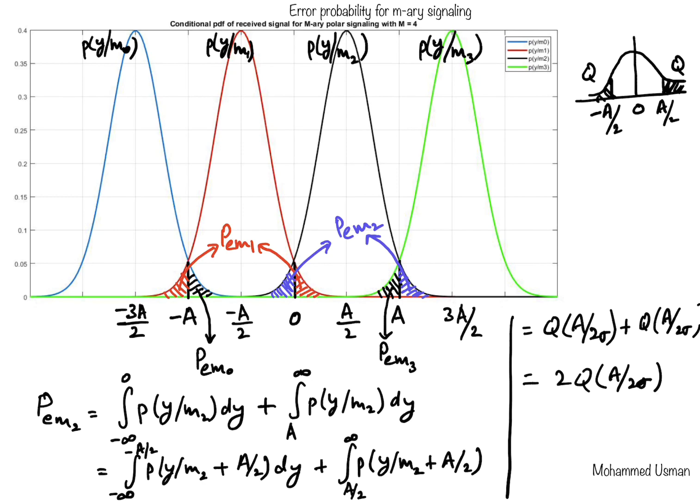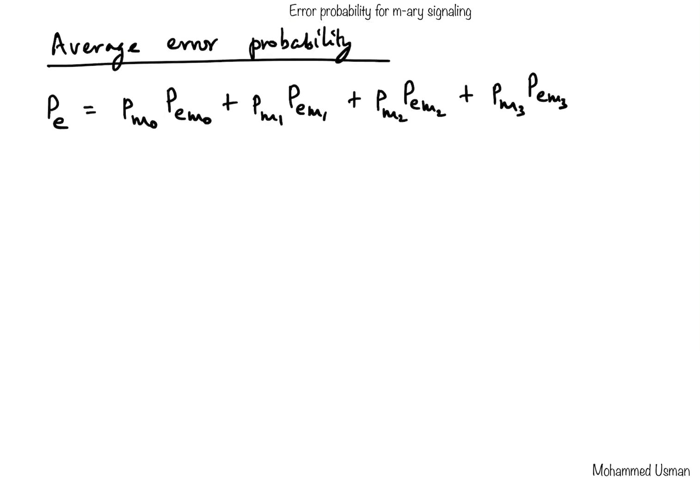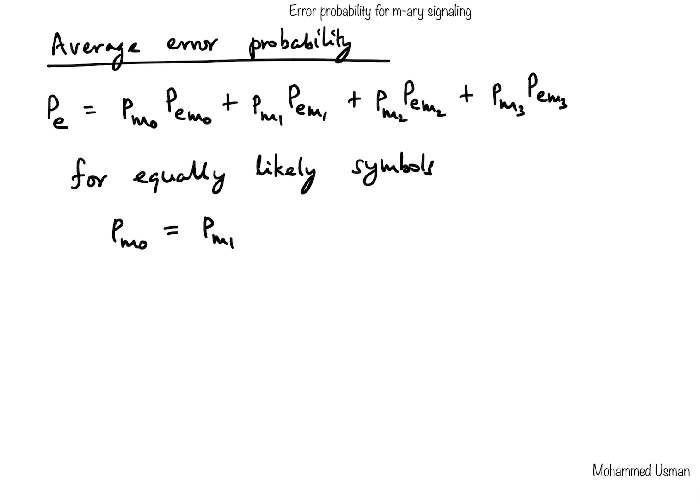Now, because we have already chosen the thresholds as the intersection points of the PDFs, that is based on the assumption that the 4 symbols are equally likely to be transmitted. So for equally likely symbols, the probability of transmitting M0 is equal to the probability of transmitting M1, which is equal to the probability of transmitting M2, which is equal to the probability of transmitting M3.